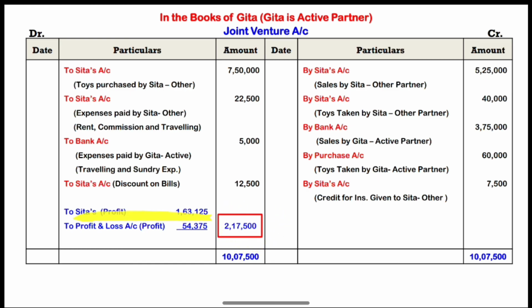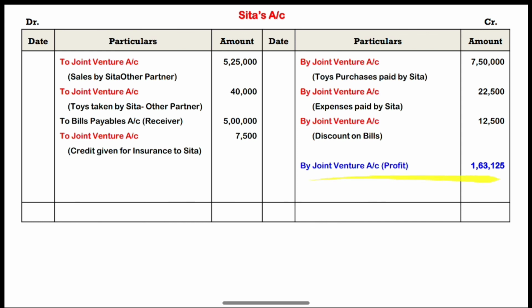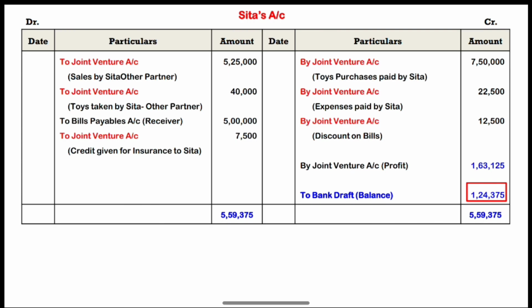To Sita's share 1,63,125, and active partner's profit is transferred to profit and loss account. Transfer to Sita's account, joint venture profit 1,63,125. Close the account.